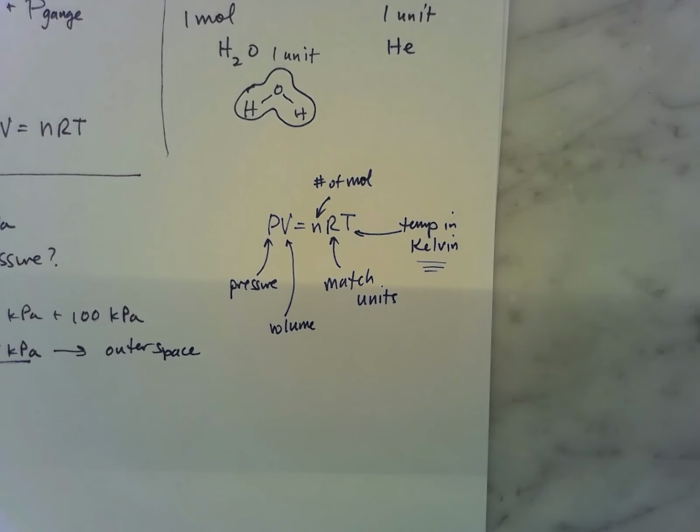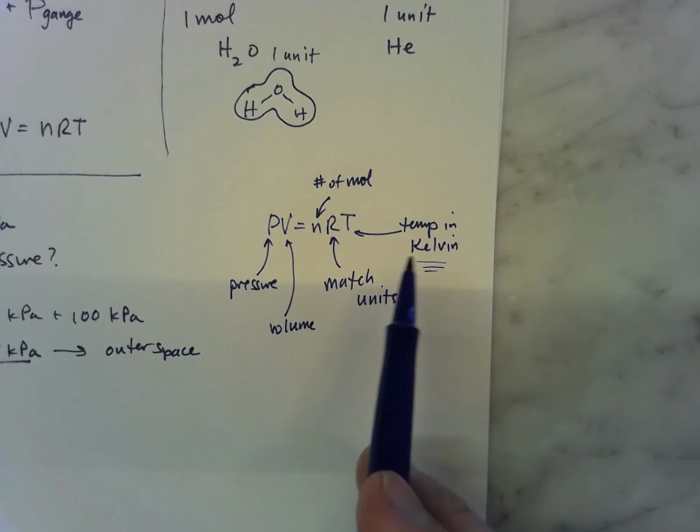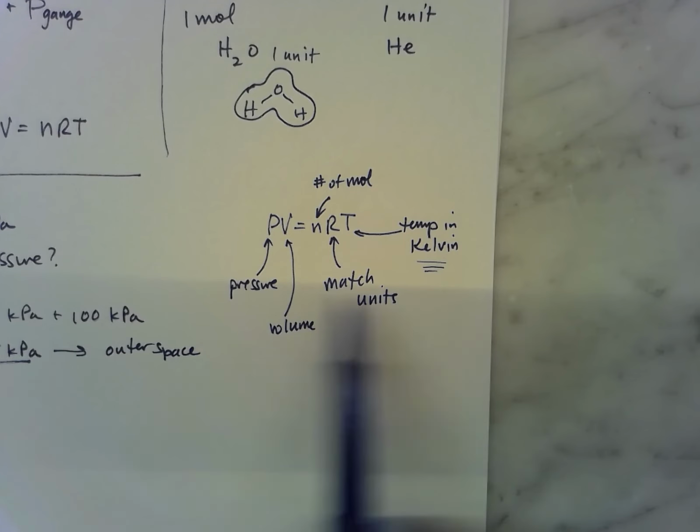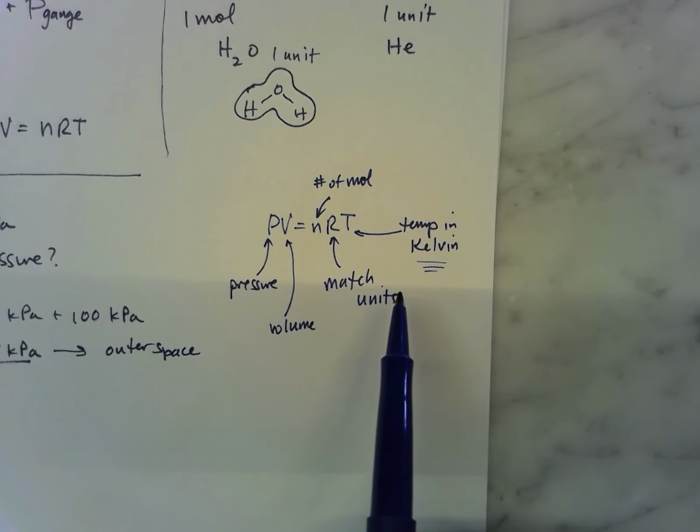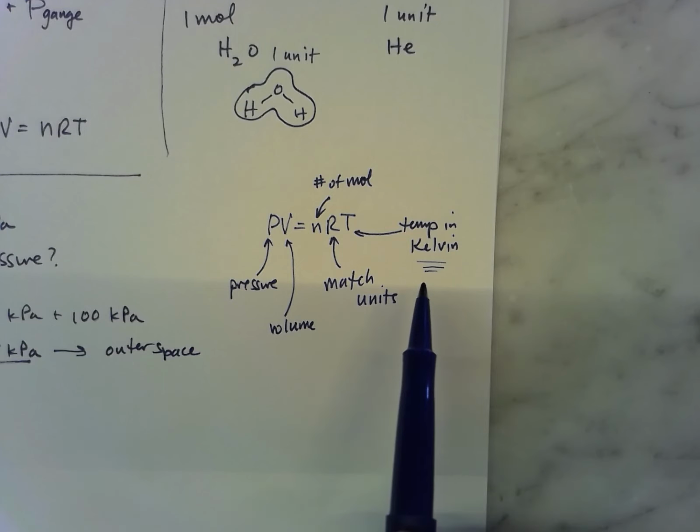We had some difficulty on a number of the quizzes about when to put things into Kelvin. This always has to be in Kelvin. Your numbers just won't work if you do Celsius.